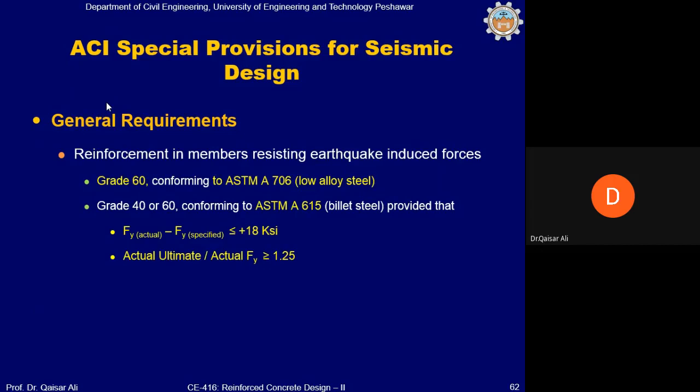So these are two provisions of the ACI code, and these must be fulfilled. If a steel sample does not fulfill these criteria, it shall not be used in the moment resisting frame.